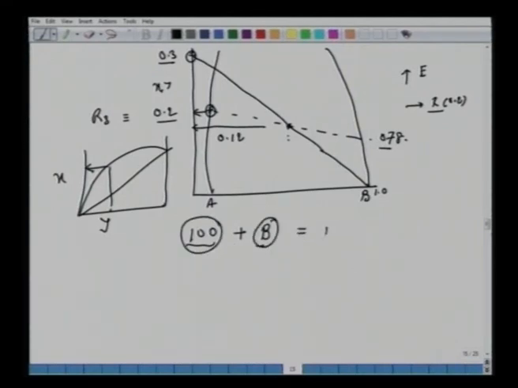This is your mixing point M here, and similarly we have this M into XM, where XM is 0.12. If we do this small calculation, we find that the amount of solvent here is 150 kg.